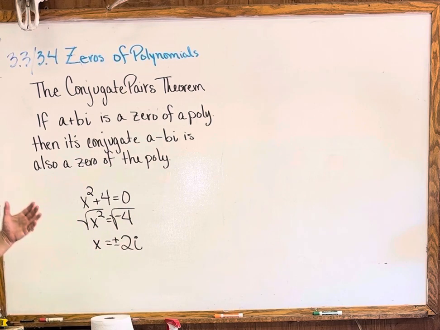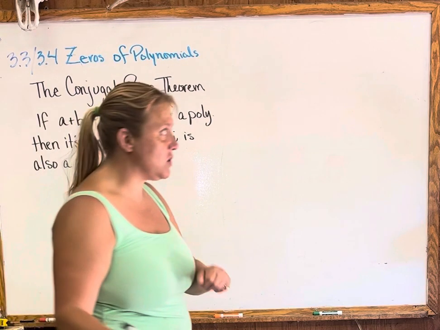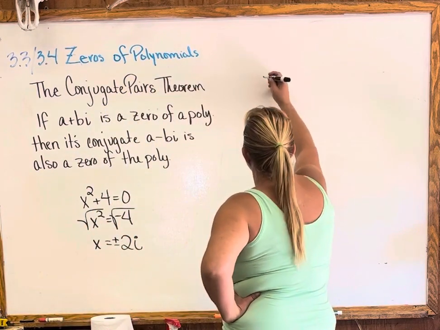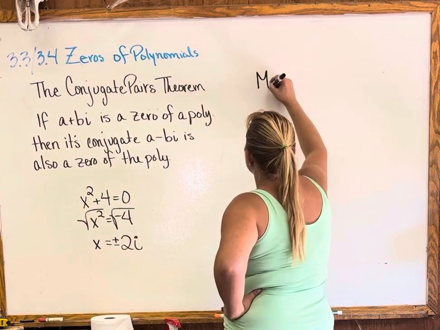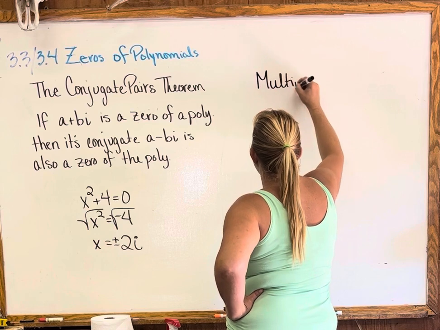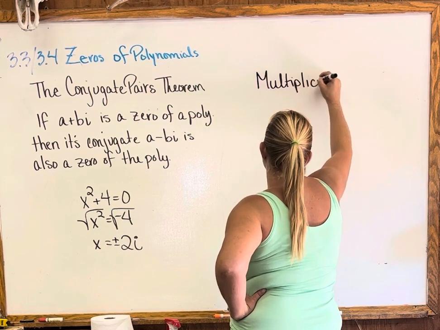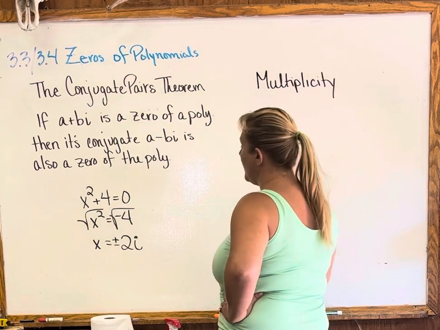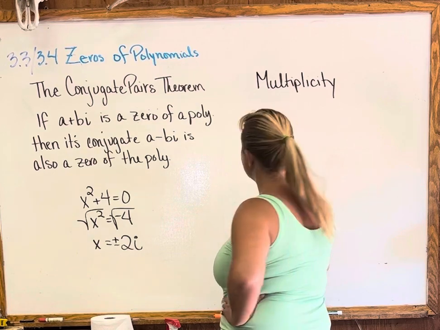Okay. Now, the next one looks like this. It's called multiplicity. It doesn't have a theorem name, but I guess it's the multiplicity theorem. But this guy says this.